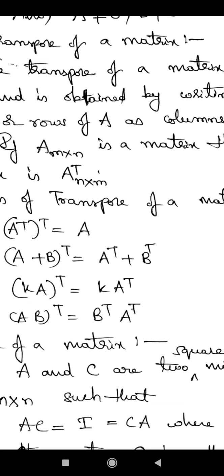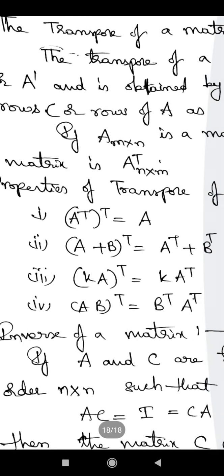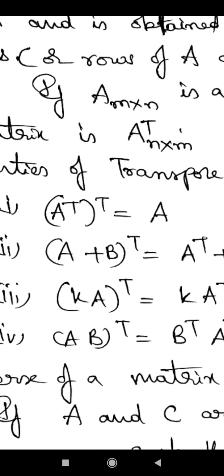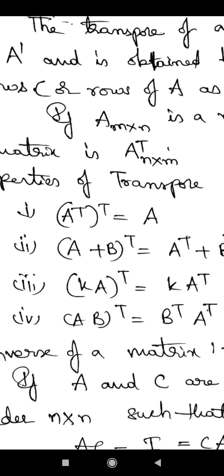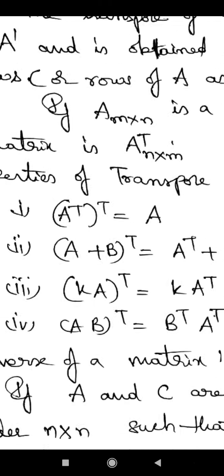A transpose plus B transpose. And the third property says that (kA) whole transpose is equal to k times A transpose. That means if we multiply the scalar k to the matrix A and then transpose it, we get the same answer as the transpose of matrix A multiplied by the scalar k.